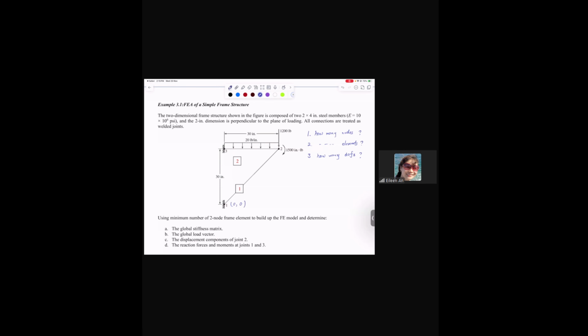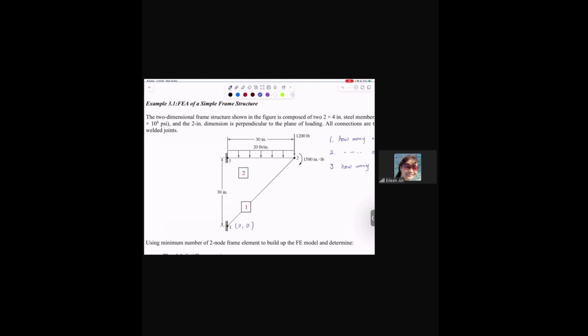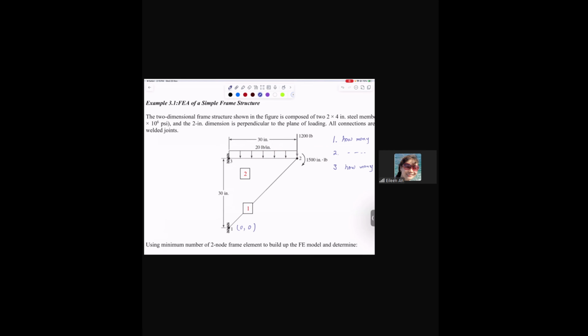What's the coordinate of the second node? 30, 30. 30, 30, right?